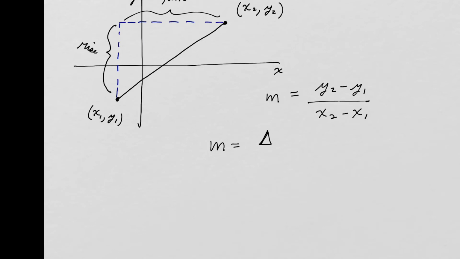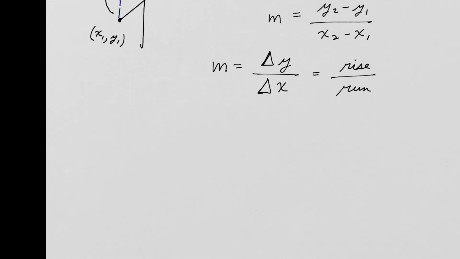Delta means change, so that triangle means change in y over change in x. So it's always 2 minus 1, or final minus initial. And then some people call the change in y the rise, which I drew on the graph there, over the change in x, which is the run. Okay, so y2 minus y1 over x2 minus x1.